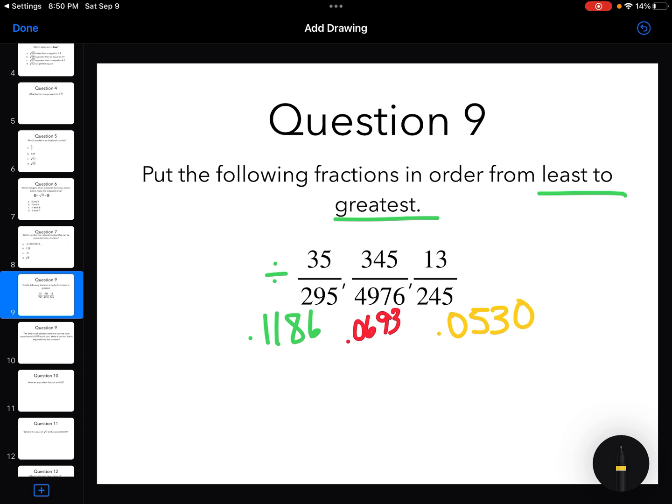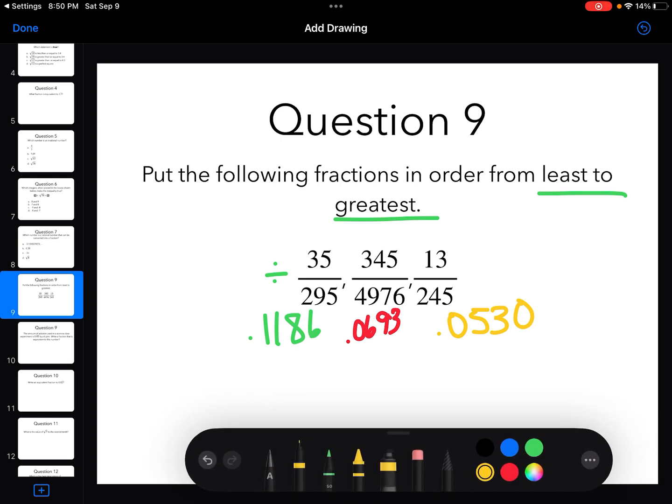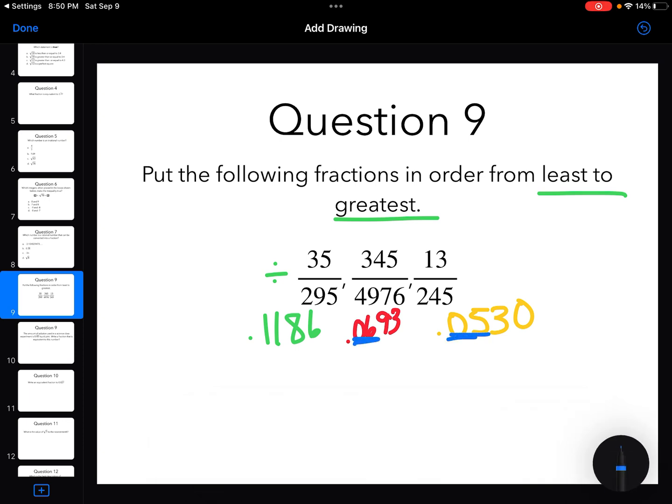Okay, now I've got to look at my place value, and I have to remember from early elementary school. I'm going to think in terms of money because that's the way I like to think. So this is 5 cents, 6 cents, 11 cents.